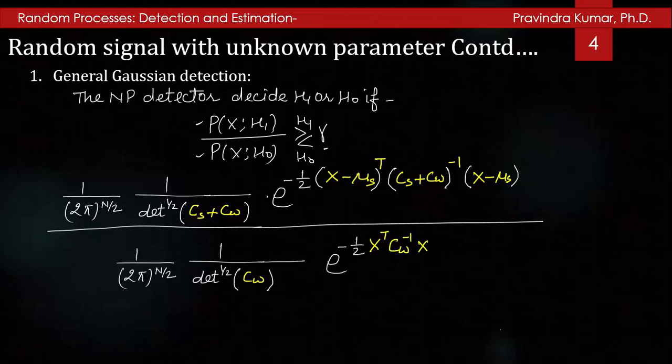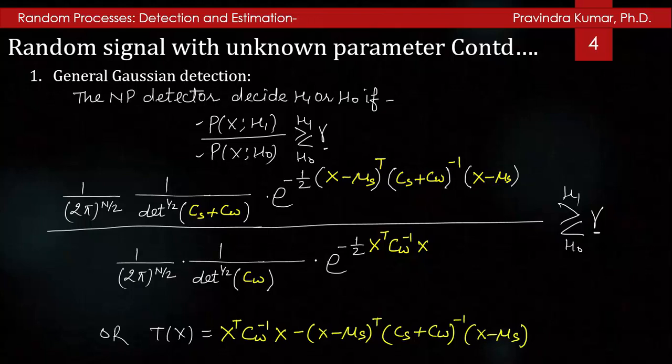And the PDF under hypothesis H0 will be 1 by (2 pi) to the power n by 2, into 1 by square root of the determinant of C omega, into e to the power minus 1 by 2 x transpose inverse of C omega into x. Their ratio is compared against the threshold value gamma.